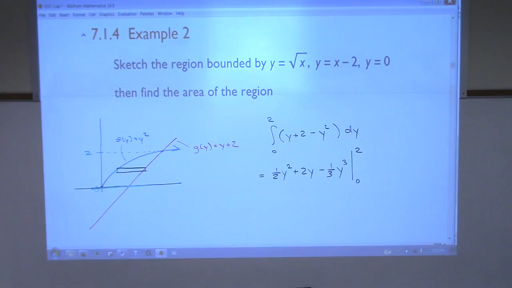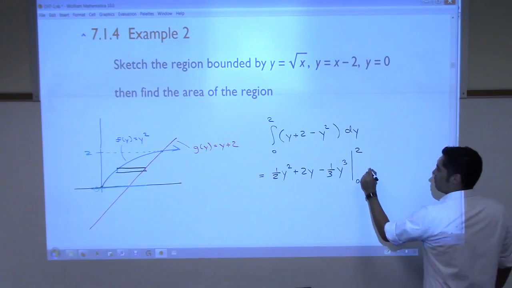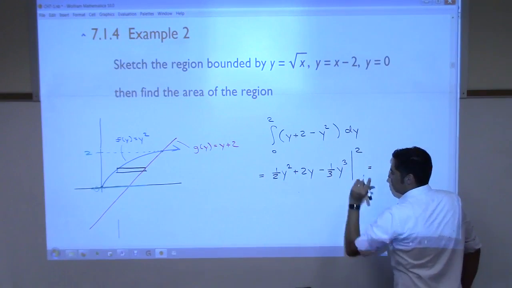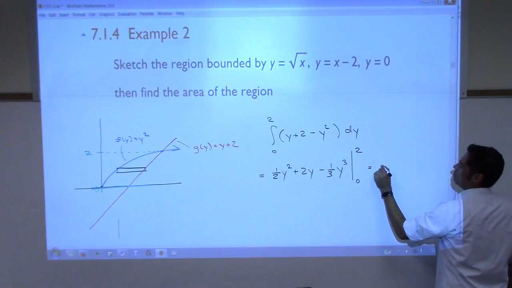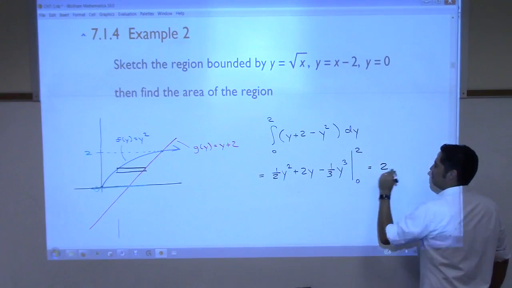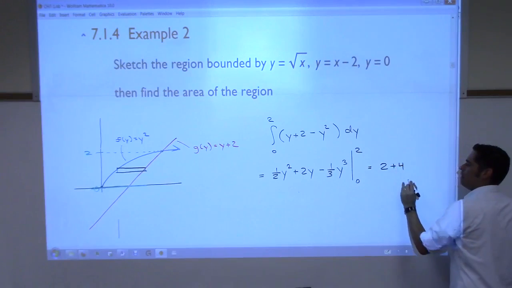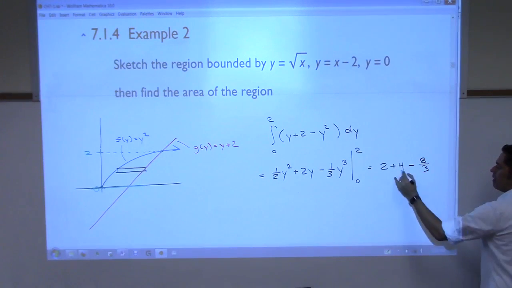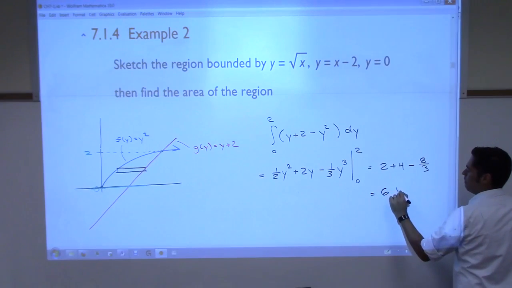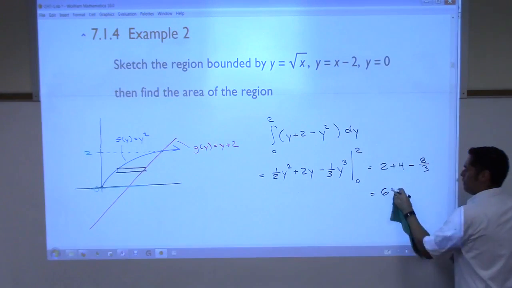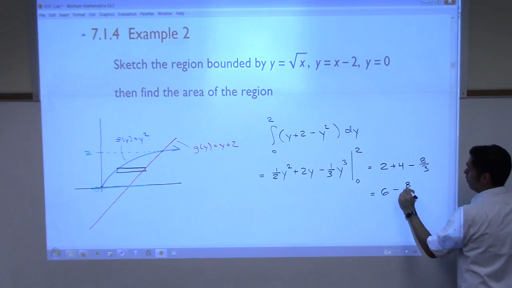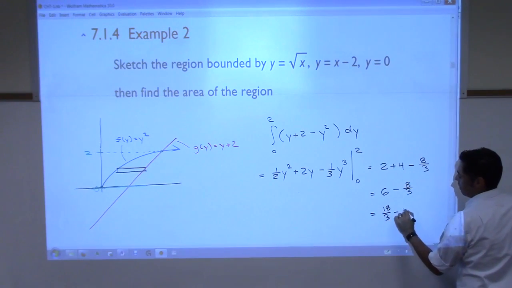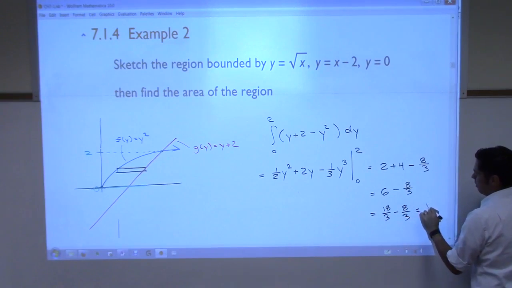So just plug 2 in, and we're done. 4 minus 8/3. That's 6 minus 8/3. What should we get? 10/3. This is 18/3 minus 8/3, which is 10/3.